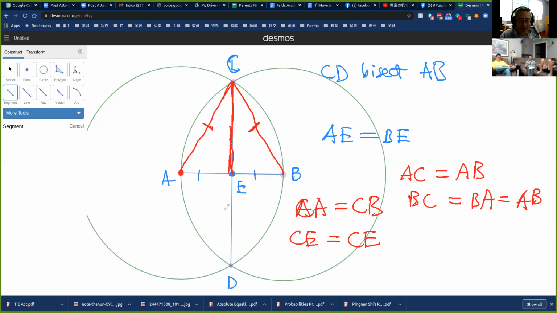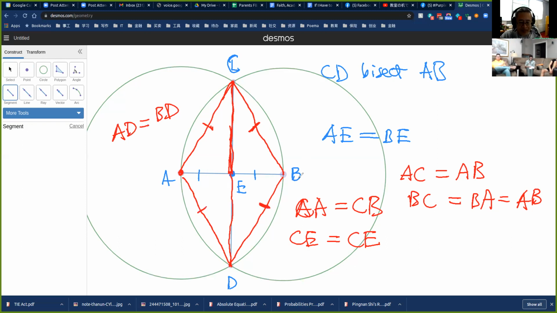Let me see. Okay, I know what I'm missing. We still need that in order to proceed based on what we have. We know AD is also congruent to BD, right? Basically the same circle. So we know those are congruent.